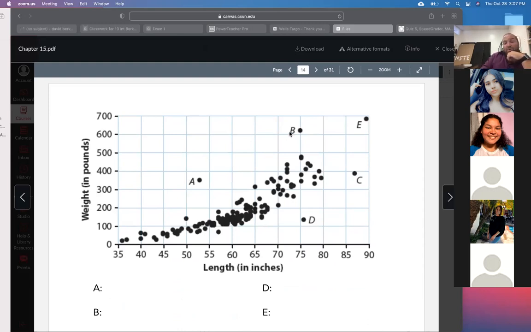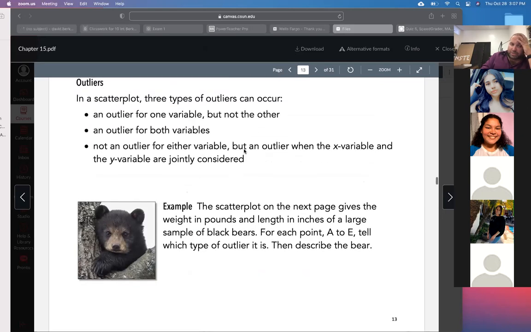They gave us 5 points, A, B, C, D, and E, and they say these fall into one of three categories: an outlier for one variable but not the other, an outlier for both variables, or not an outlier for either unless you consider them together.